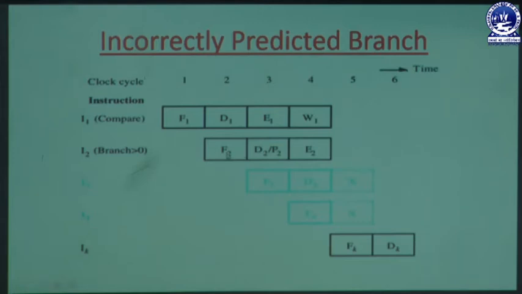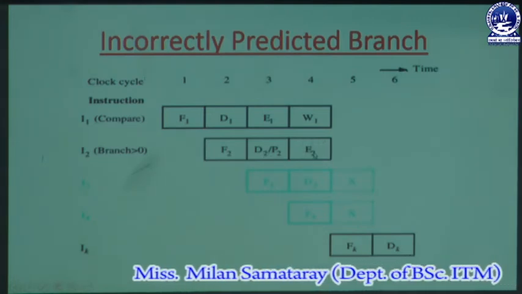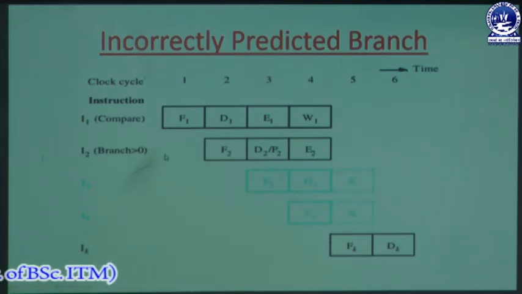Then F2, here the branch statement is fetched, and then decoded, then here is our P2, and then execution will happen. But as it is a branch instruction, it is not taken but it is executed, then whatever instruction follows that branch instruction will be stalled. Okay. So, if we incorrectly predict the branch, this will happen.